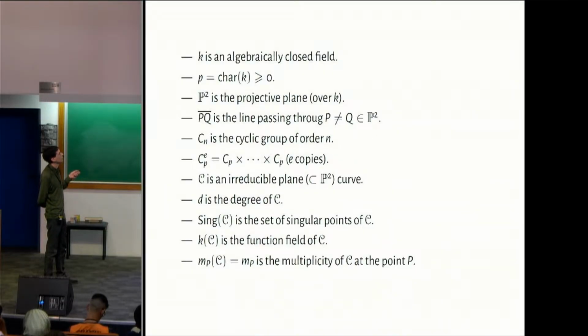I will use Sing(C) to denote its set of singular points, K(C) its function field, and for a point P of the projective plane, I will denote by mP the multiplicity of the curve at the point P.